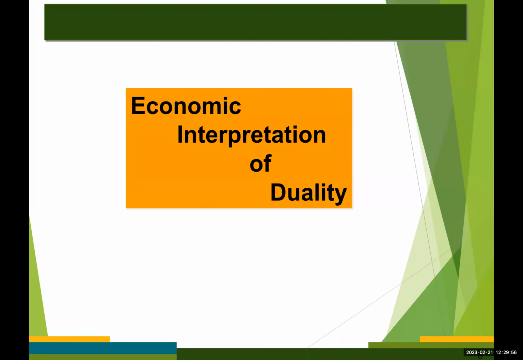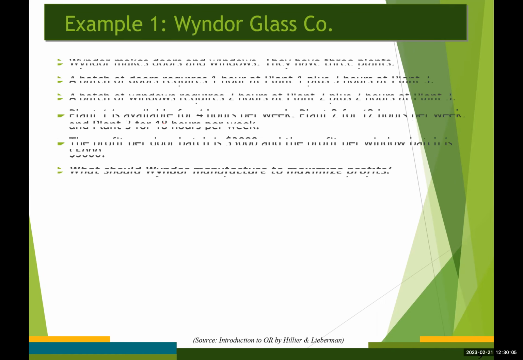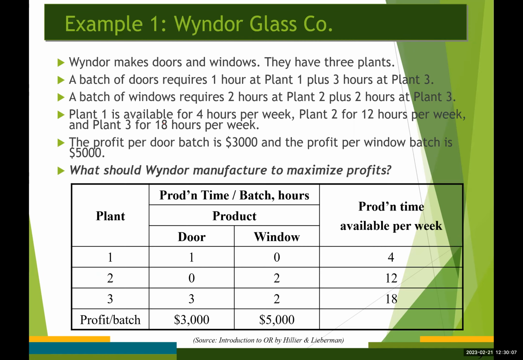Now I'm going to talk about the economic interpretation of duality. To illustrate the economic interpretation of duality, let's reconsider the window glass example that was discussed earlier this semester.